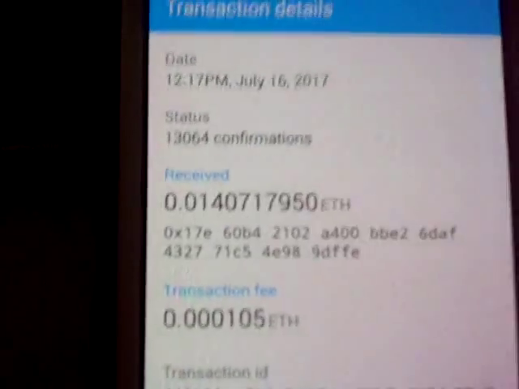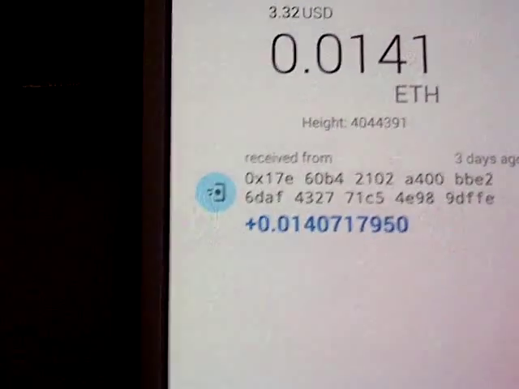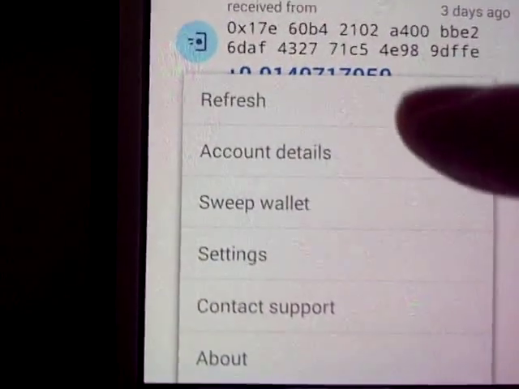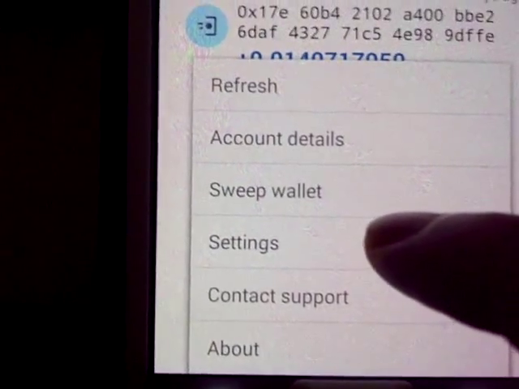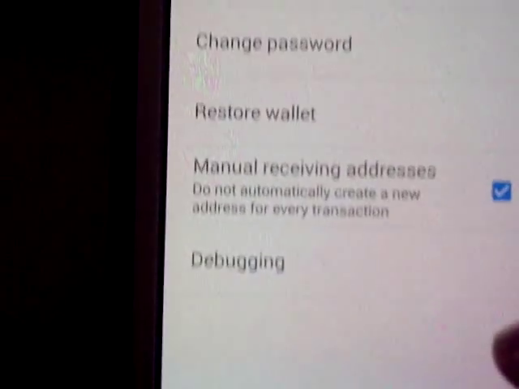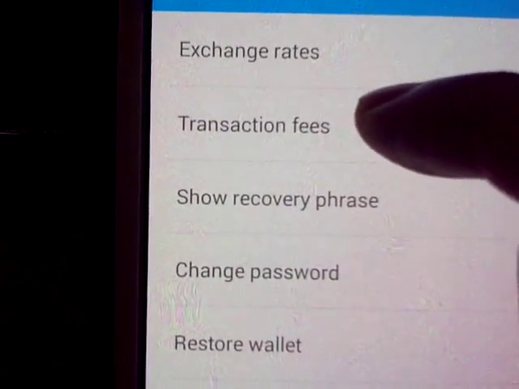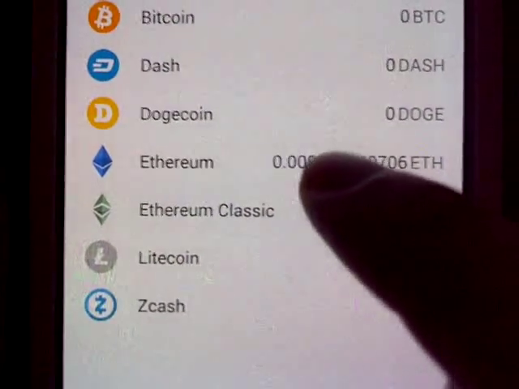Okay, so I'm back on Coinomi here. Alright, so let's go back to the settings. Let's go back to the fee. And so I'm going to change this.